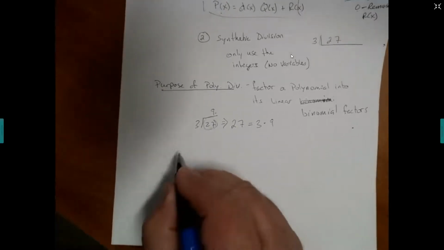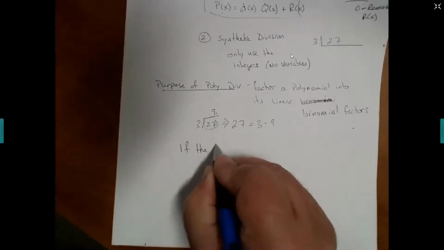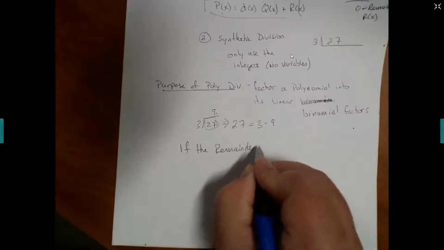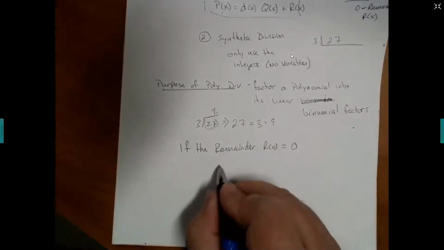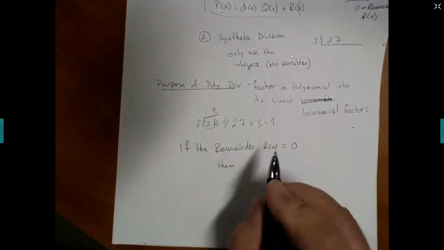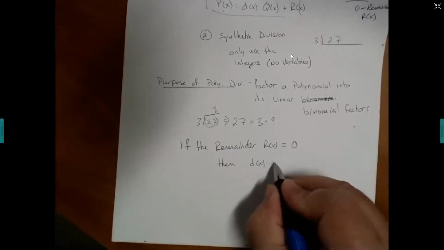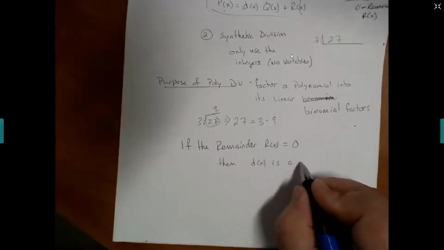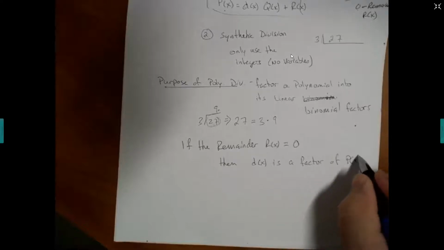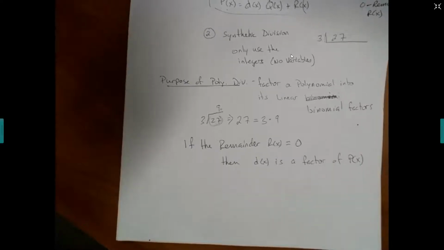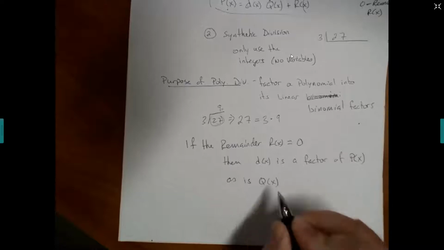And here's an important factor. If the remainder, R of X, is equal to 0, then your divisor, your bottom number, is a factor of your polynomial, as is your Q of X, your quotient.